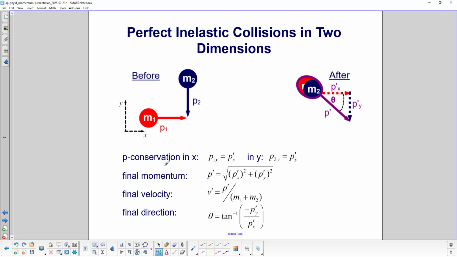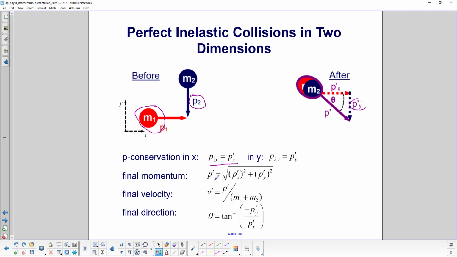Momentum conservation in x is going to be p1x, and p2 doesn't have anything in the x direction. So p1x is going to equal p'x. In the y direction, p2y, which is this momentum over here, is equal to p'y over here.